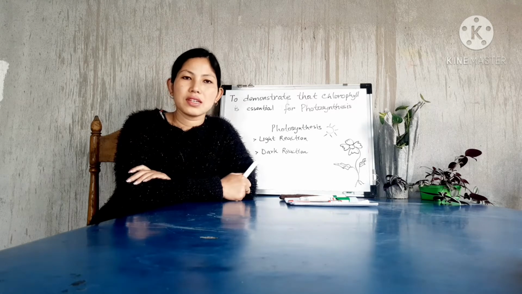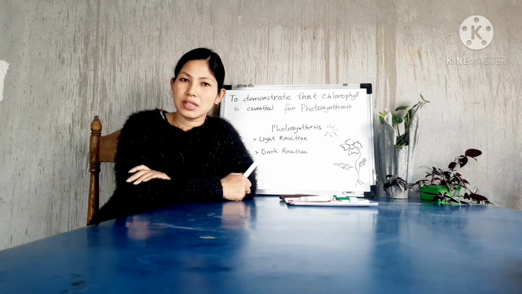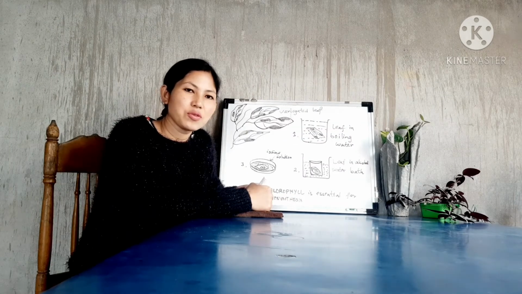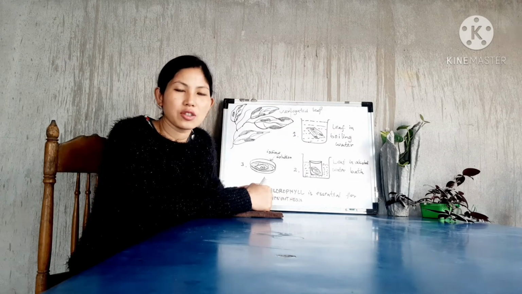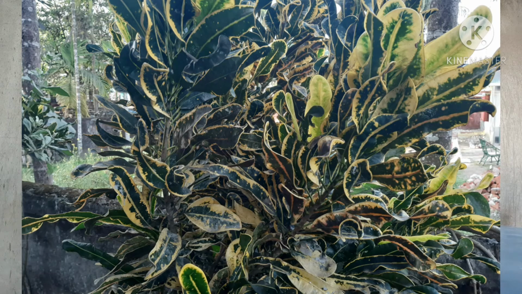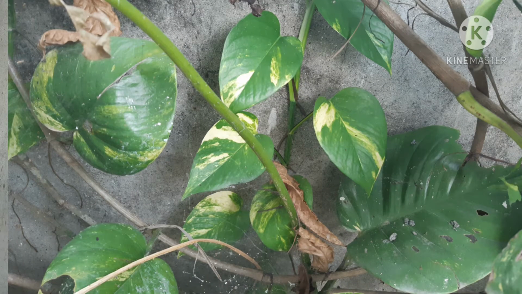So we will demonstrate how we can experimentally prove that chlorophyll is essential for photosynthesis. For this experiment, we will need a plant which has a variegated leaf, such as the croton plant or the money plant.